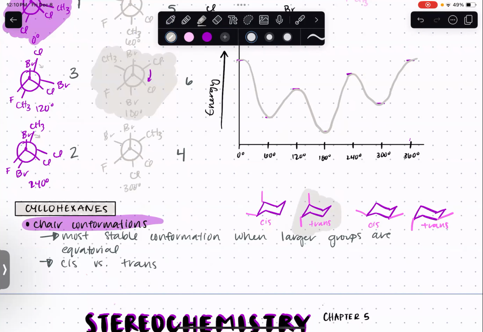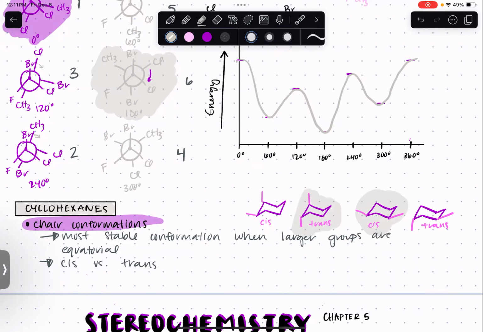And then if we're looking at both of these, this one's more stable because this one has the option for both of my things to be equatorial. And the only thing that I changed was I moved my stuff over one carbon. That's all I did.